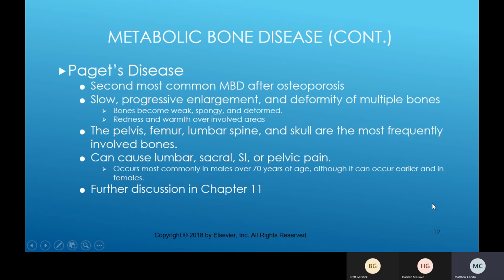Number 2, it doesn't replace where it should in terms of location. So what you get is this weird kind of outcropping of the bone. It just kind of goes all over the place, but no one spot is strong. So the bone gets weak, it gets spongy, it gets deformed.